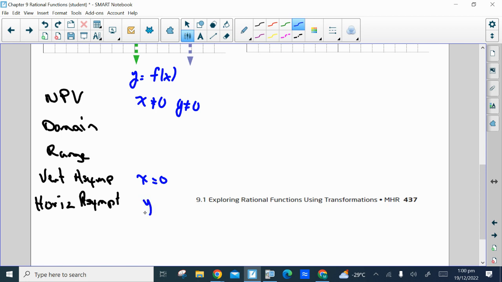Our horizontal asymptote was the line y equals 0. And so our domain and ranges come directly from our asymptotes or our non-permissive values. Our domain was all values of x such that x cannot equal 0, but all other real numbers. And our range was all values of y such that y cannot equal 0.